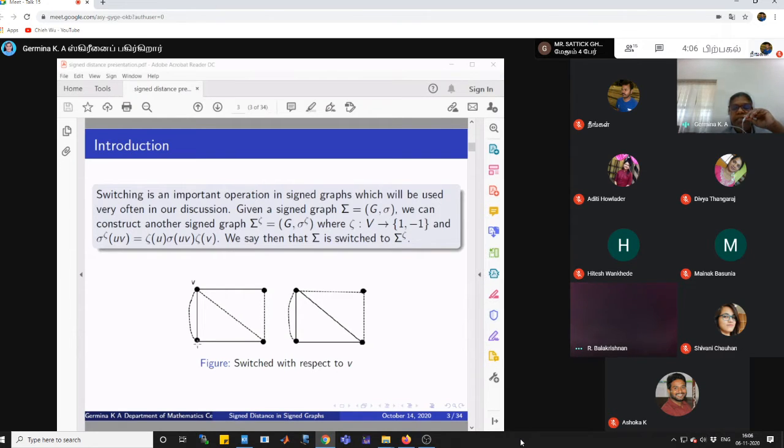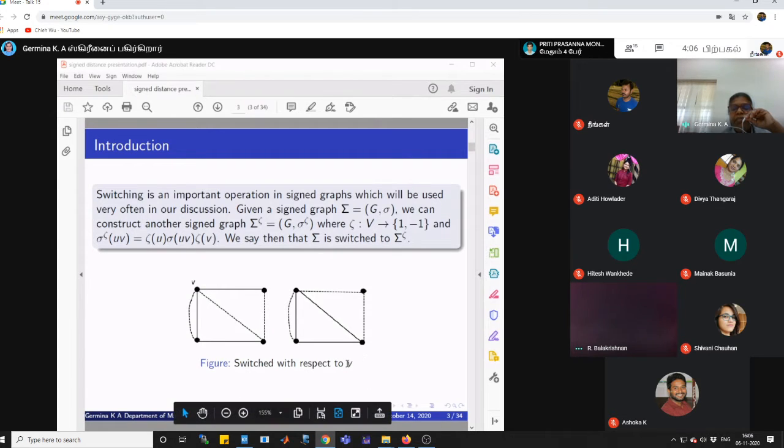Let us look at this. In this figure I have switched with respect to one particular vertex. Either we can interpret the switching function like this, or just look at this vertex v. Here this edge is positive, this is negative, this is positive, this is negative. I take the negation of each edge.